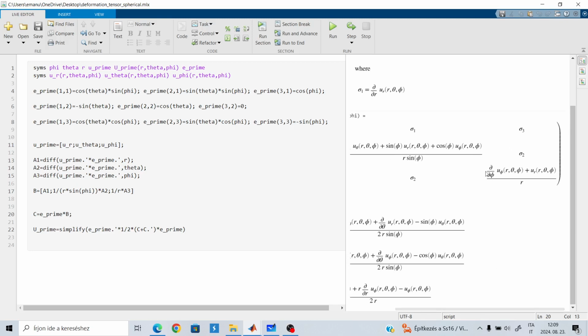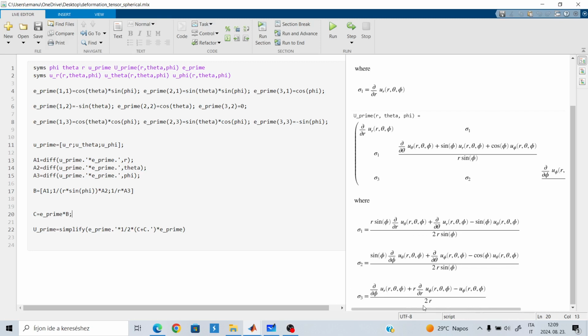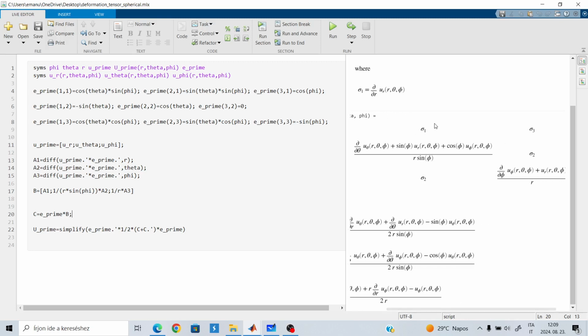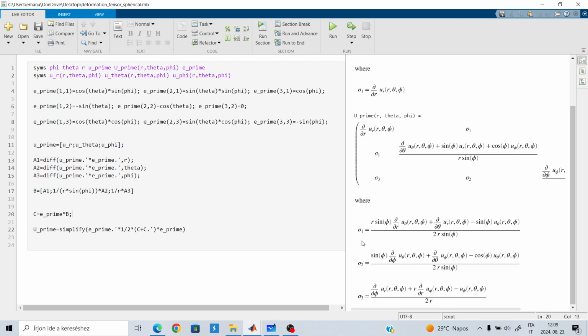For example, this one here would be U phi phi. And this one would be U r theta. U r theta is this constant sigma 1, which is shown in here, and so on.